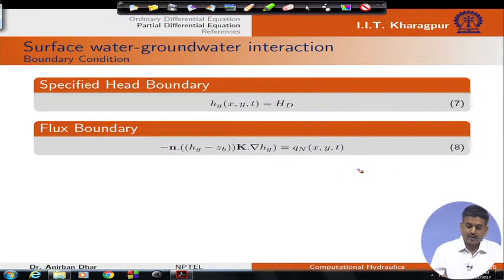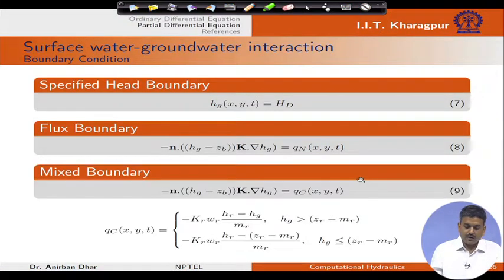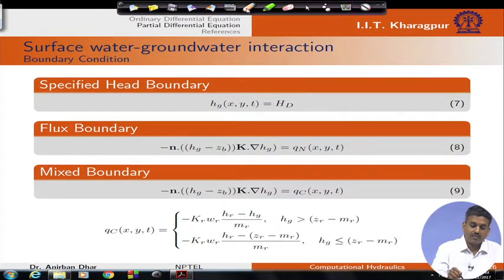There can be a situation where we have a mixed boundary. Why is this called a mixed boundary or Robin kind of boundary condition? Because Qc is again dependent on this Hg value.